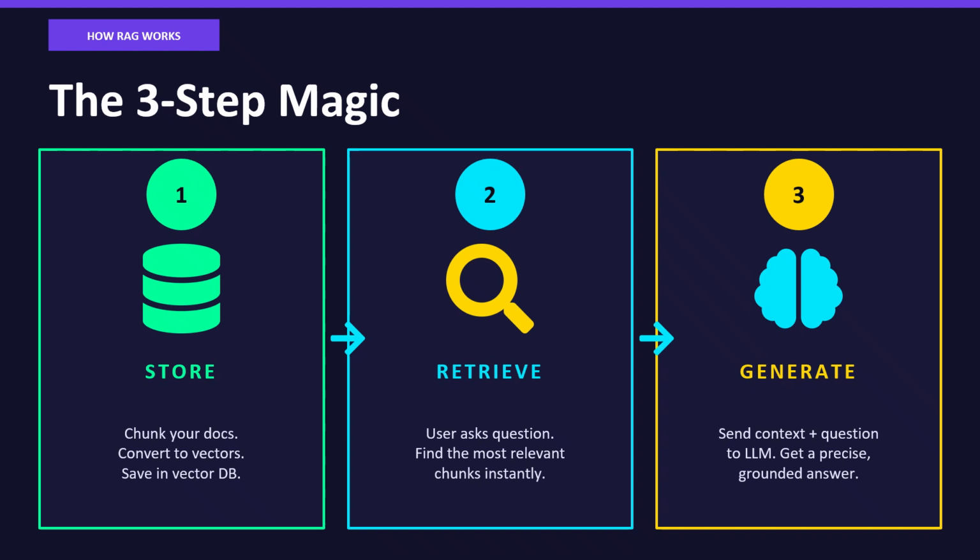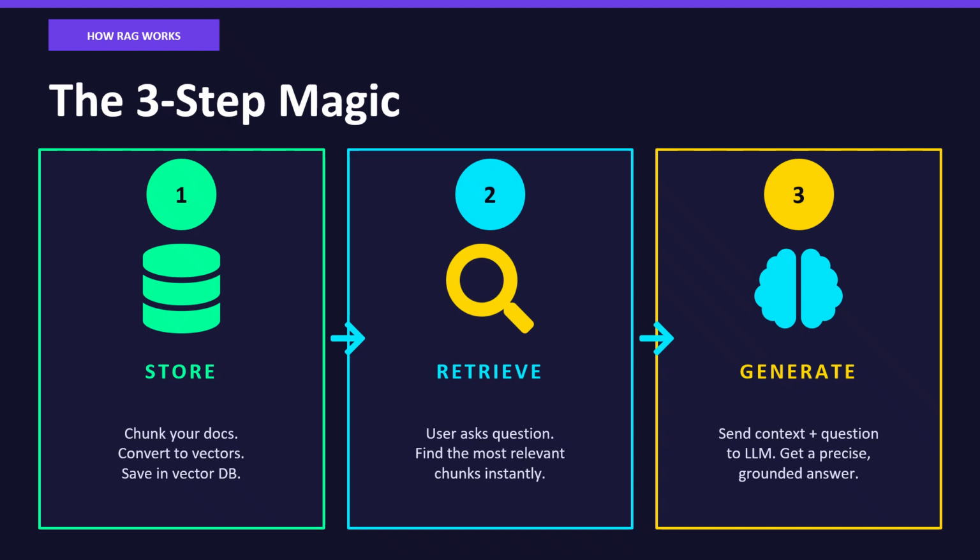Then you search the database for the chunks that are most similar in meaning to the question. Instant, accurate. Step three, generate. You take those retrieved chunks, the actual relevant context, and you send them to an LLM along with the question. The AI now has everything it needs to give a real grounded answer. So, the flow is store, retrieve, generate.